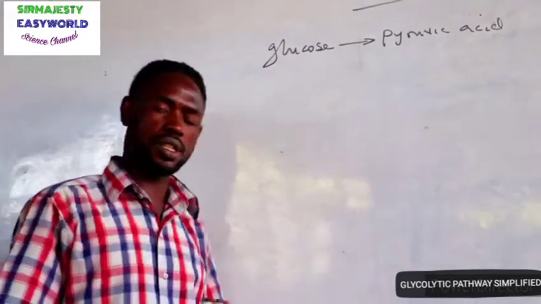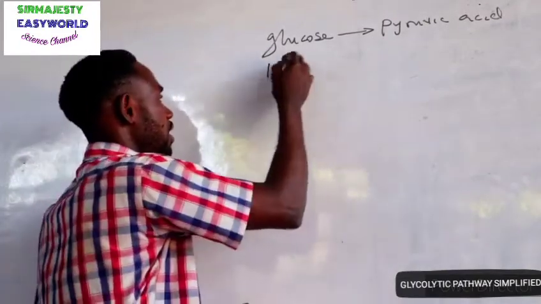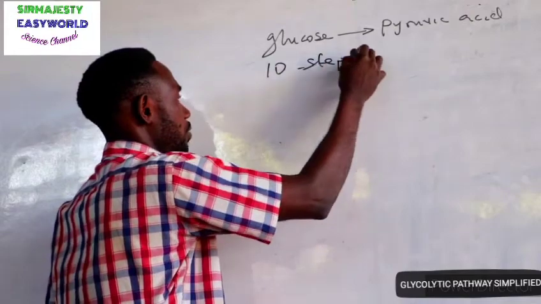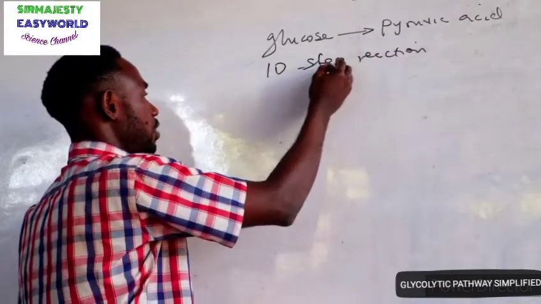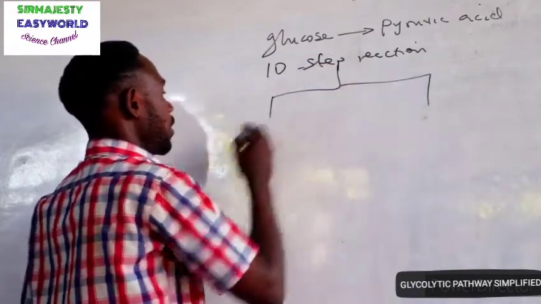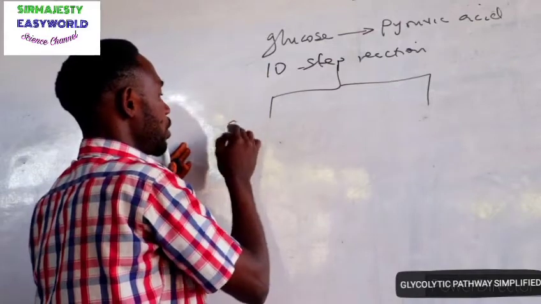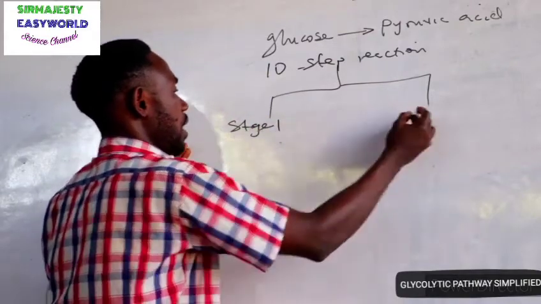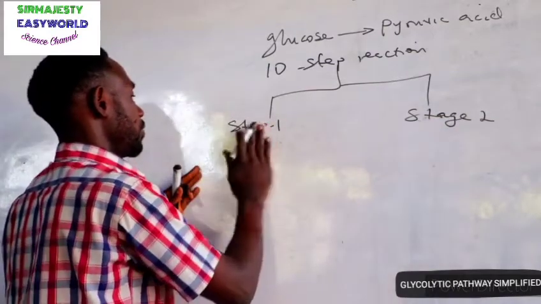The introduction to this is that glycolysis is a 10-step reaction. It's a 10-step reaction where some authorities divide the 10 into two stages, stage 1 and stage 2.